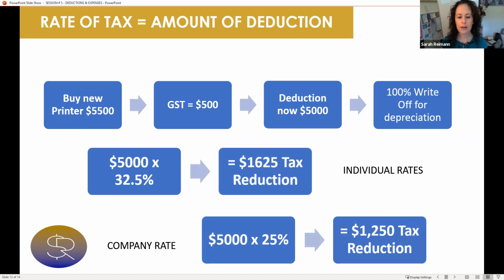So I hope this has been clear to you. It's just a basis of how we go about claiming deductions and what we need to really be aware of. Because again, as I said before, there are quite strict rules on what we can and can't claim in our business, and there are heavy penalties for fraudulent claims.